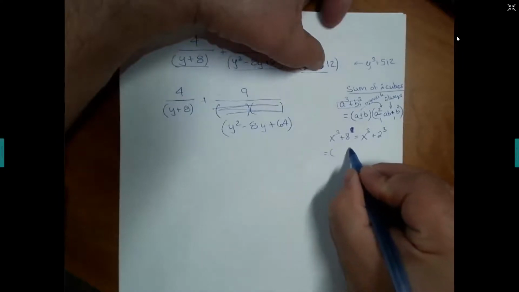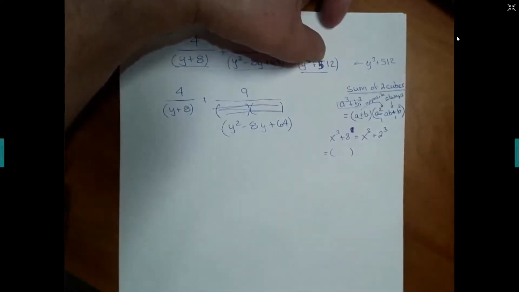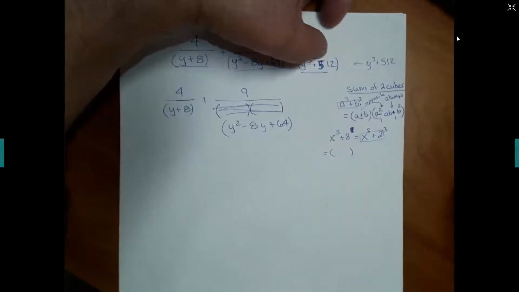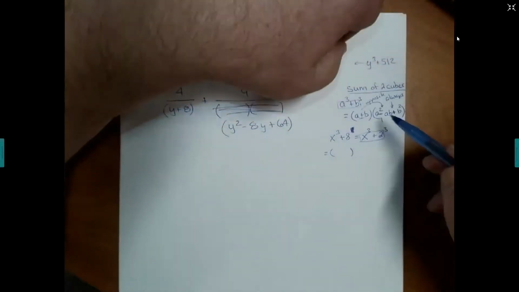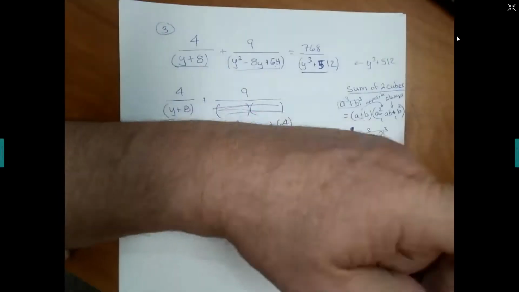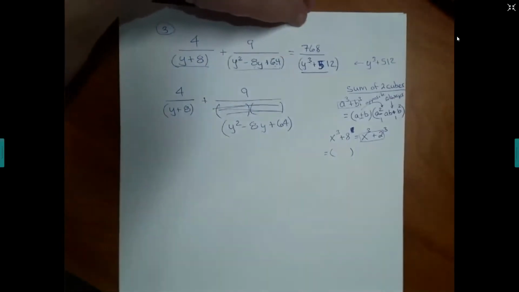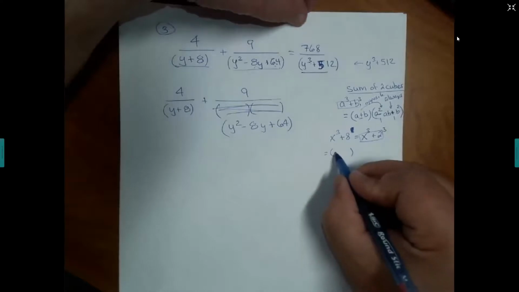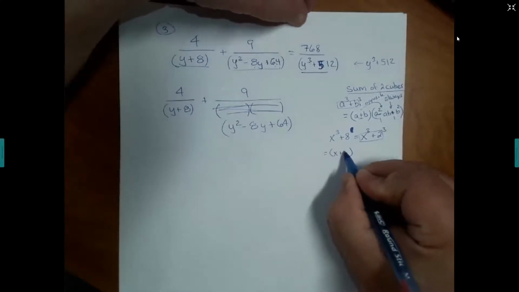So our first parenthesis will have what? I'm not doing that yet. I'm showing you examples first before we jump in trying to do it. So in the first parenthesis, it's whatever's under the cubes. So it's x plus 2.